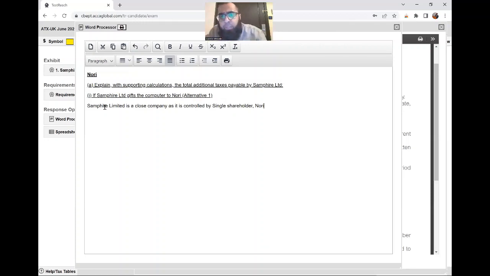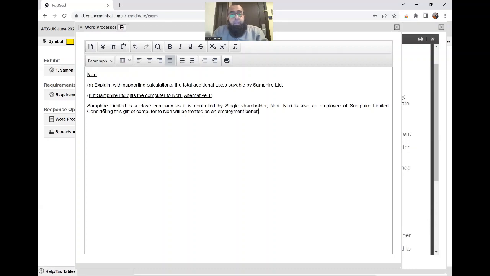Samphire Limited is a closed company as it is controlled by single shareholder Nuri. Nuri is also an employee of Samphire Limited. Considering this, gift of computer to Nuri will be treated as an employment benefit.